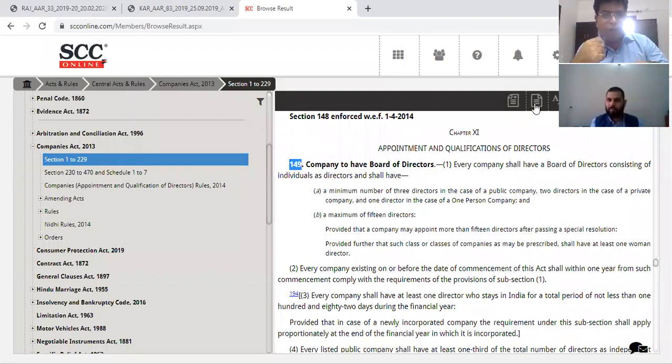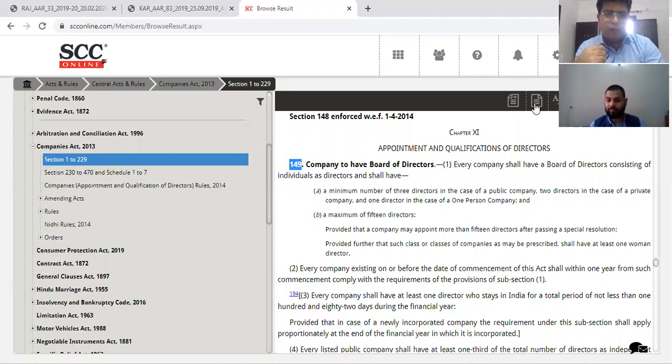I refer to the term individuals because a company can have another company as a member or shareholder. For example, if we have A Limited, its shares can be held by B Limited. But the term individual implies it has to be a physical person, and not a body corporate, a company or a statutory fiction.